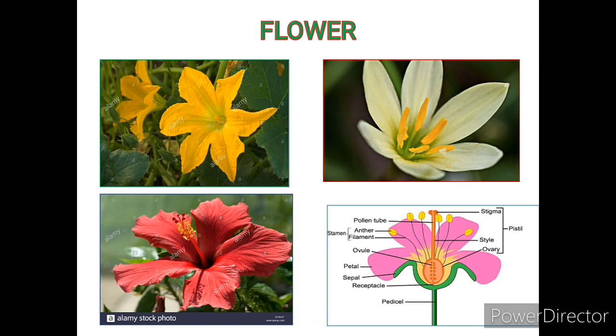It develops from the floral buds on the stem. Flowers of different plants are of different shapes and sizes. Some are big and some are small, and they also have different colors. The function of a flower is to produce fruit and seeds.